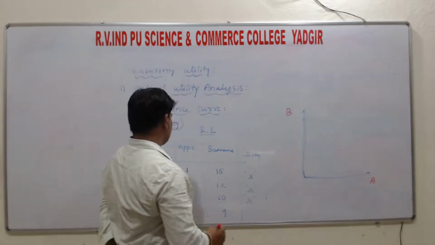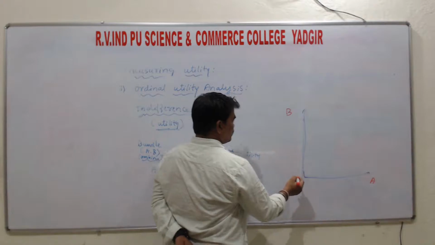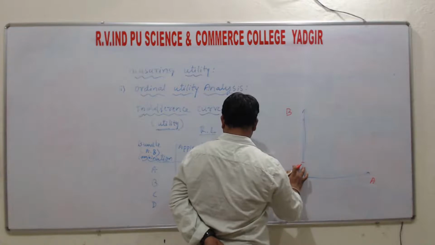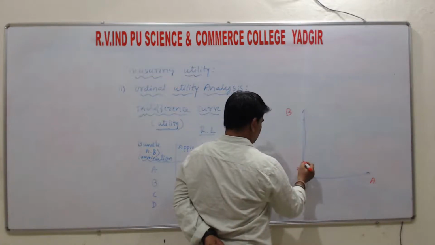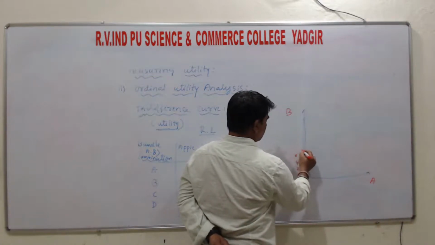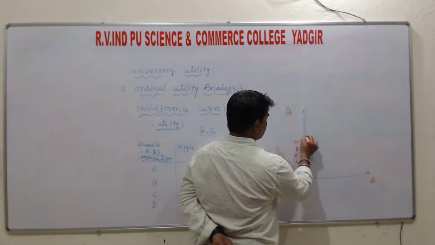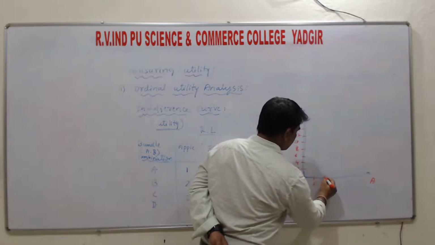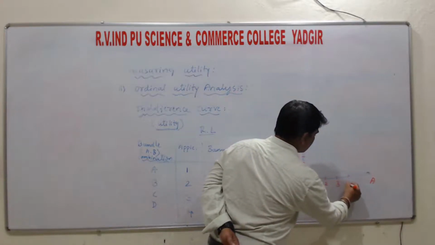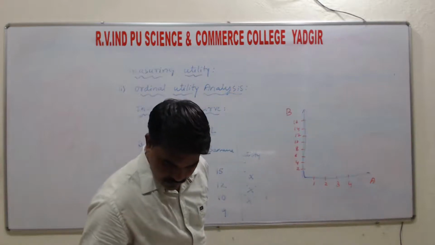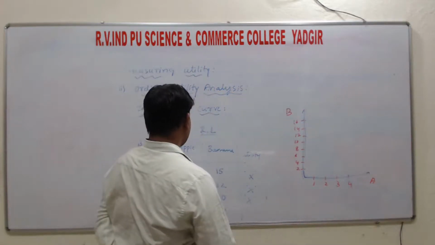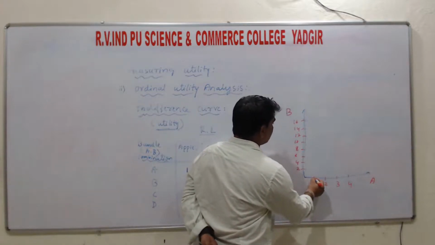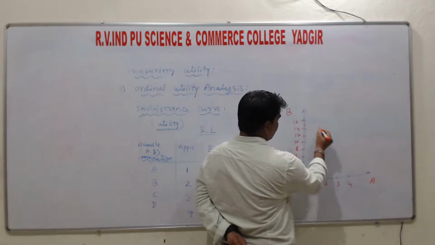Here, if he wants to consume one apple, he can go with 15 bananas.